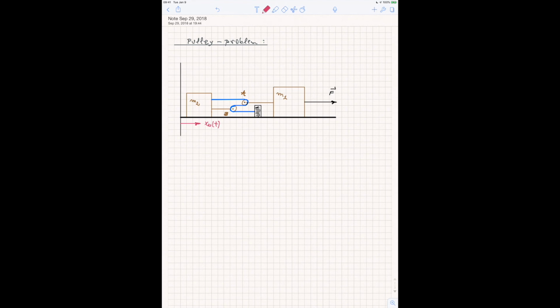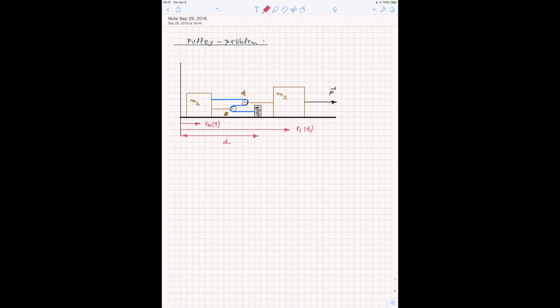Now the same thing for mass m1 here. I draw also here a straight line and then denote relative to the center that location as x1 of t. So now, besides that, there are various fixed locations relative to the same coordinate system. Number one, there is the location of this fixed anchor point relative to the coordinate system, and I denote this distance as d. That's d. What else?